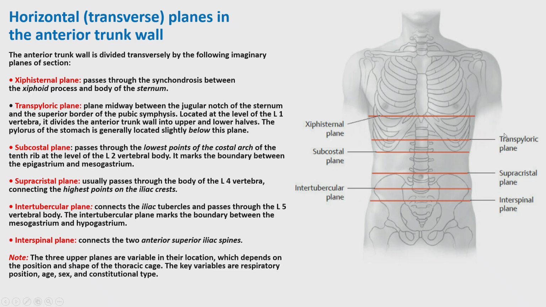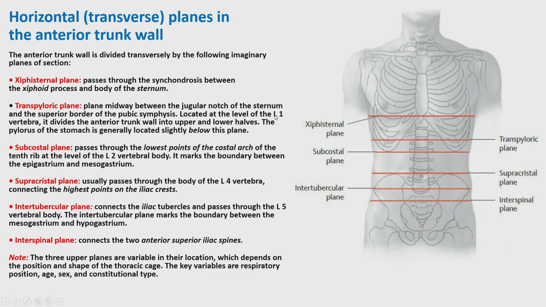Another very important line is the transpyloric line or plane, which is midway between the jugular notch of the sternum and the superior border of the pubic bone. So approximately at the midpoint of this length there is the transpyloric level or line, and this line is passing at the level of the L1 vertebra.